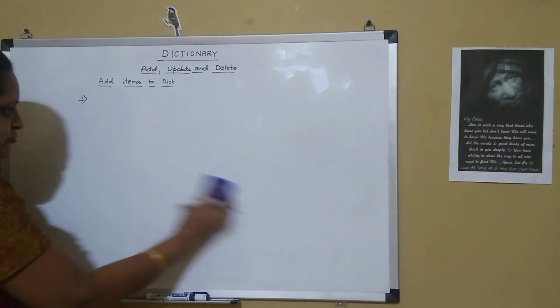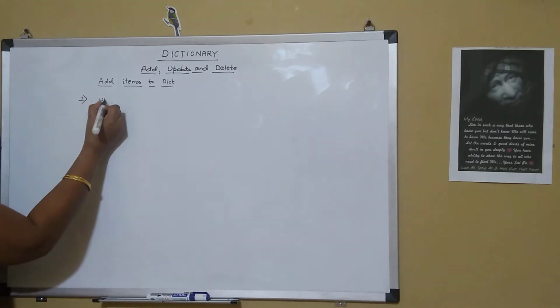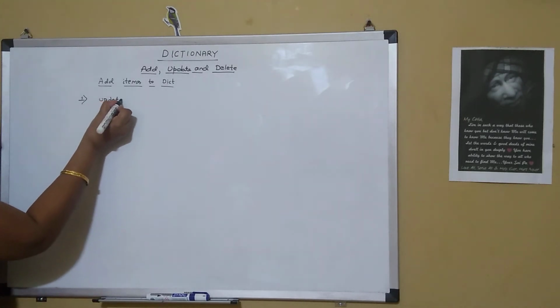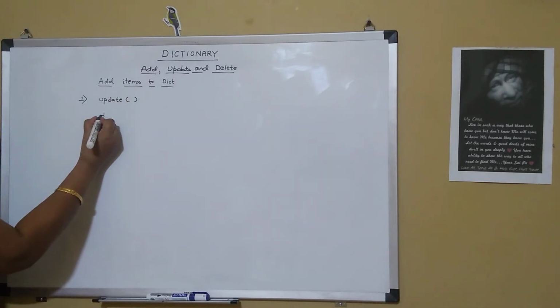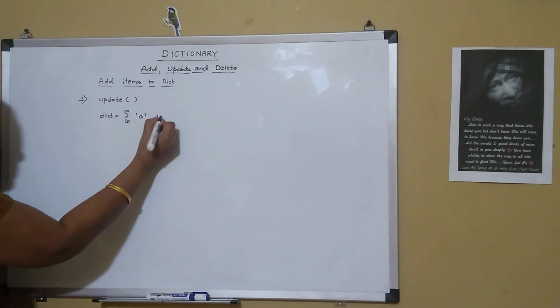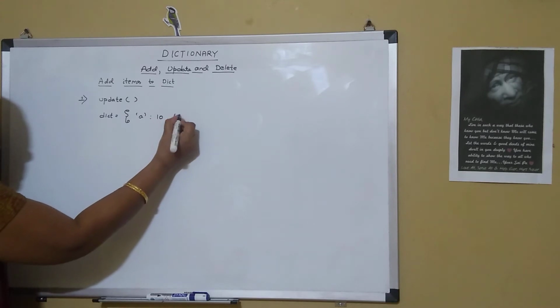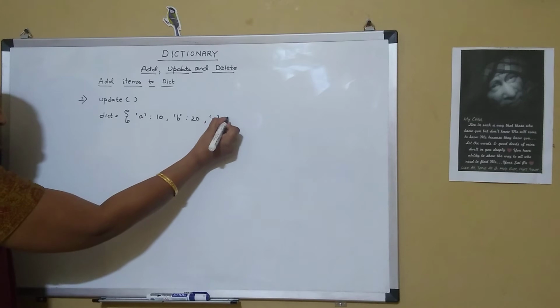This is for adding one key value pair into the dictionary. Suppose we want to add n number of key value pairs into the dictionary. In such case, we go in for the update method which is present in dictionaries. So for this, let me take my initial dictionary as A 10, comma B 20, comma C 30.